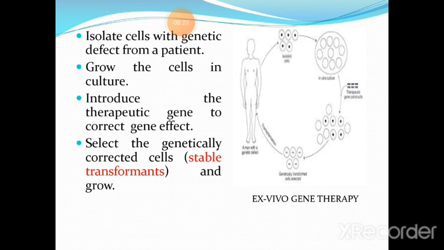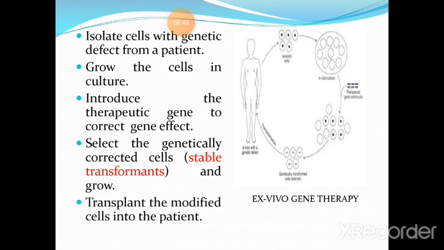Here is the patient. Cells have been isolated with the defect. They are cultured, and you have to give them the therapeutic gene to correct the gene defect, and then those transformed cells are put back into the patient. So transplant the modified cells into the patient.